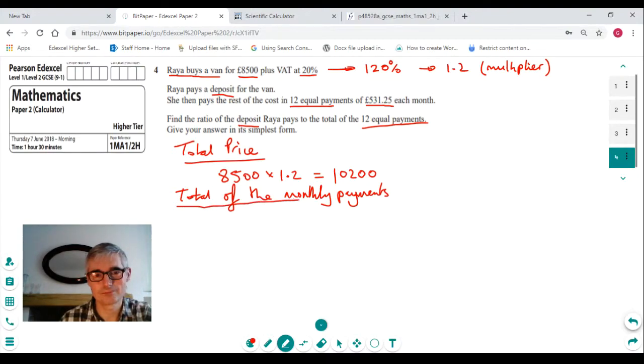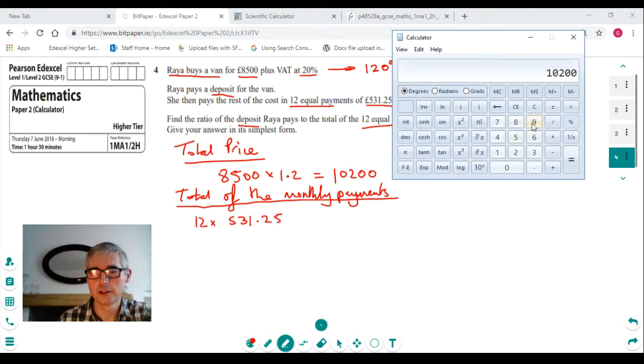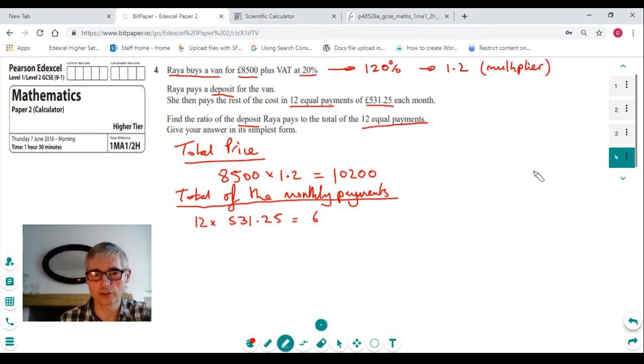So total of the monthly payments, so that's going to be 12 times 531.25. Get calculator back up here. So we're going to say 12 times 531.25, and that's equal to 6375.